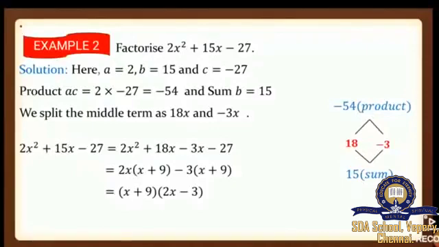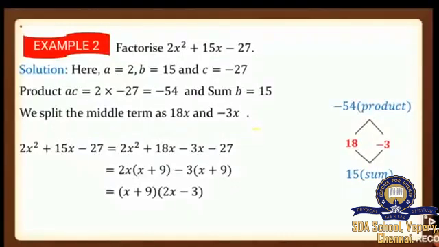So here 18 into minus 3 is minus 54 and 18 minus 3 is 15. If you subtract 3 from 18, you will get 15. So we split the middle term as 18x and minus 3x.